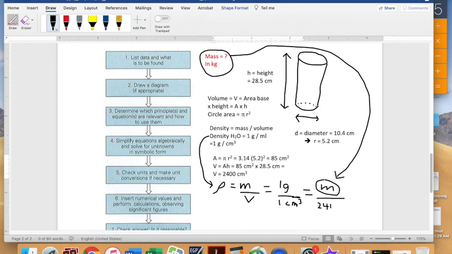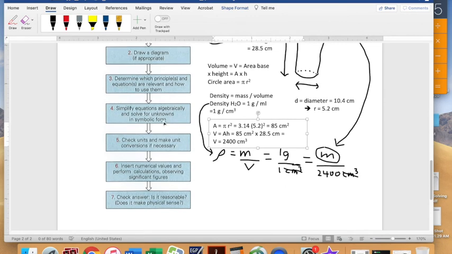Now, if you look at all the units in my equation here, you do a kind of cross multiplication, right? We're going to have 1 gram is equal to m over 2,400. So then you just move the 2,400 up to the other side. Multiply both sides by 2,400.